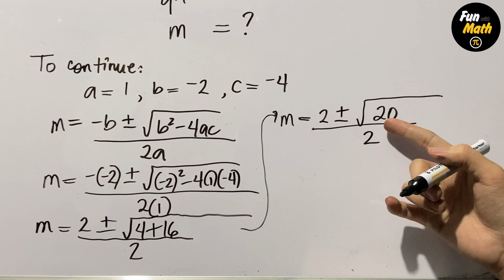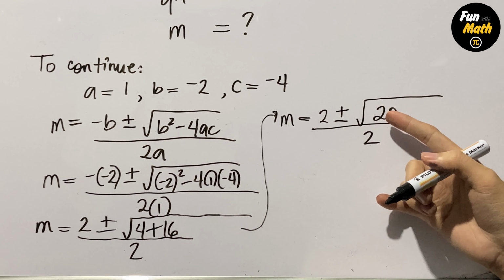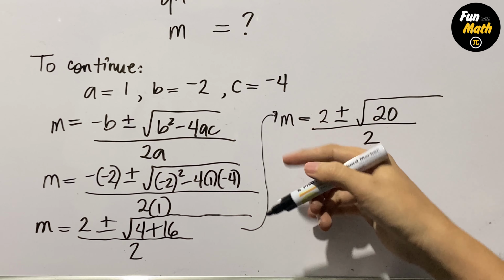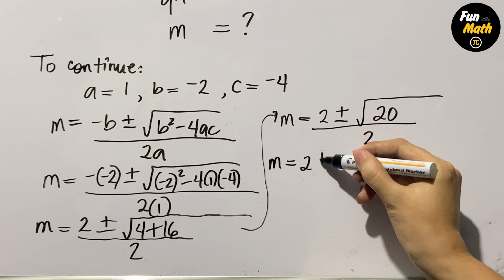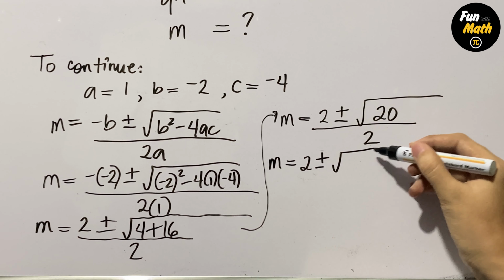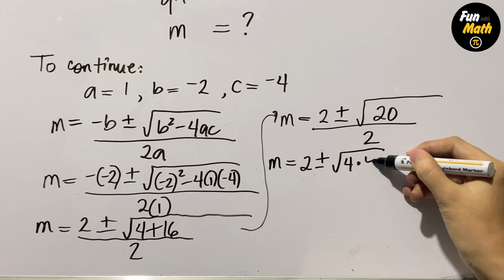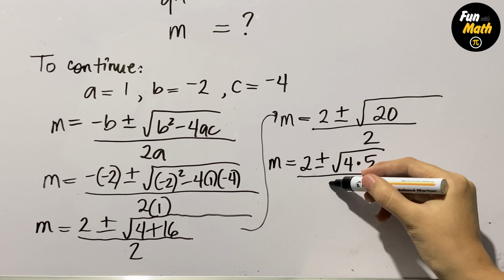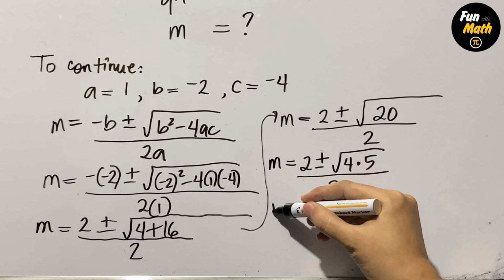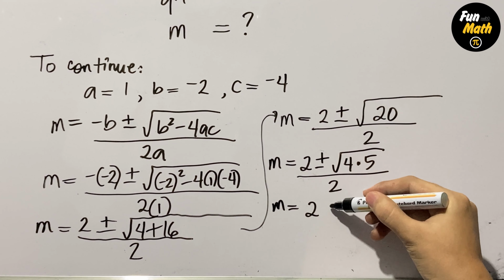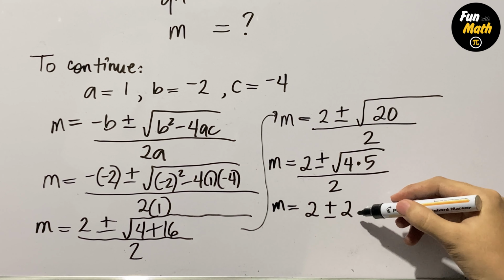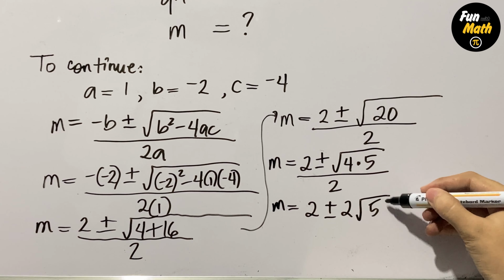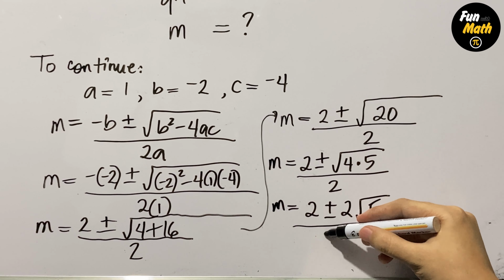And then the square root of 20, we can make that into 4 times 5. So that is m is equal to 2 plus or minus the square root of 4 times 5, over 2. And this is m is equal to 2 plus or minus the square root of 4, that is 2, and then the square root of 5, over 2.